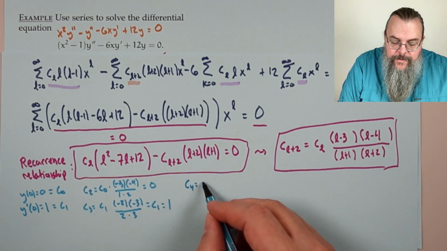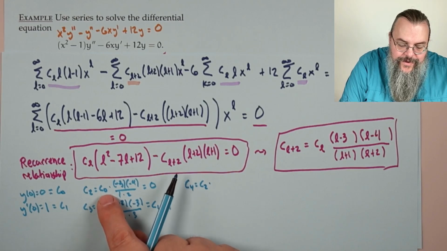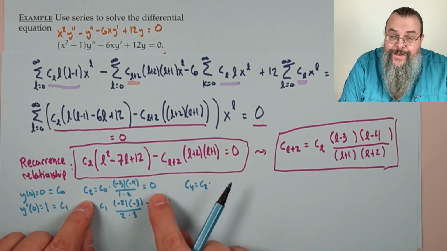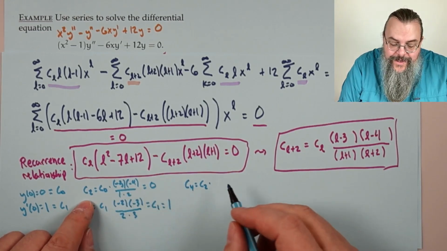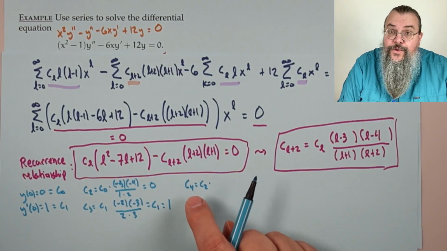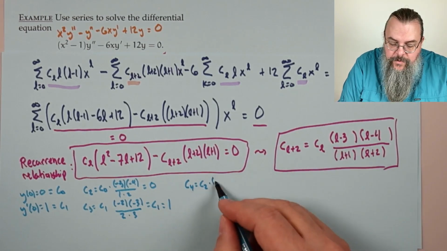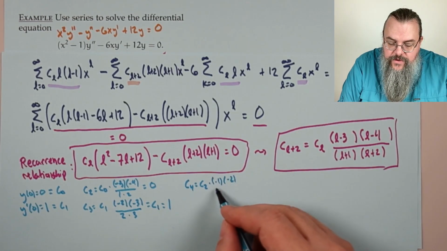Okay, well, let's do more. C4. Well, that'll be C2 times something. Now, notice, once I know it's C2 times something, it's always going to be 0. But okay, we'll go ahead and write it down. Now, this would be L equals 2. So we're going to have 2 minus 3 is minus 1, then minus 2.